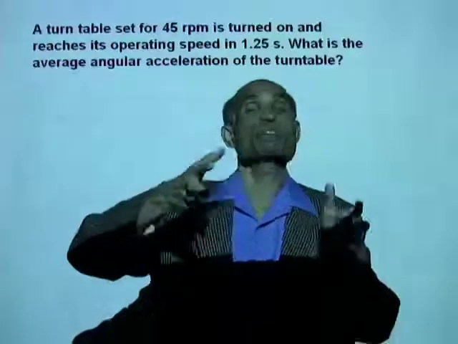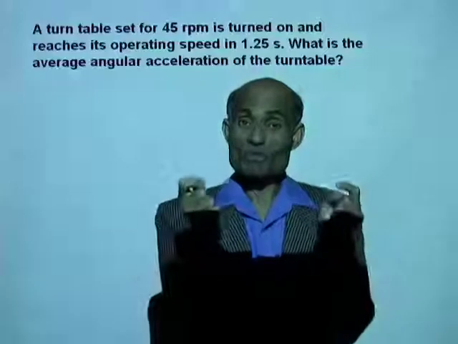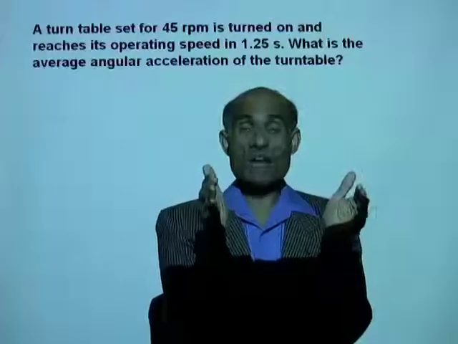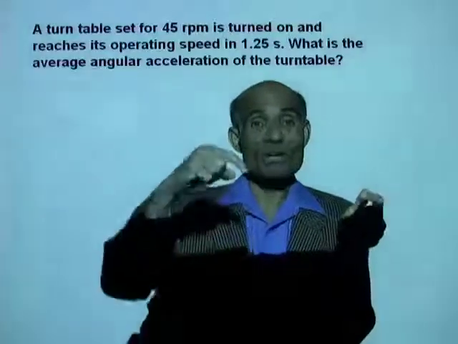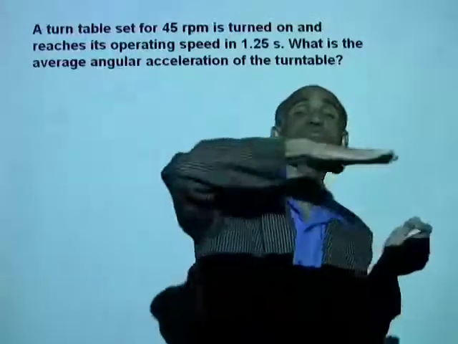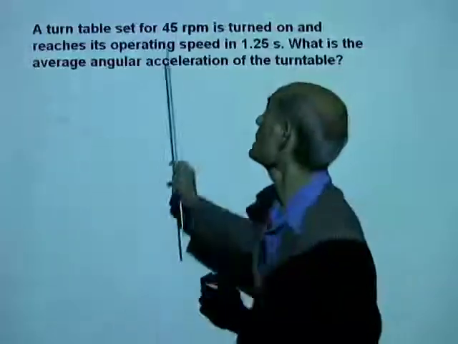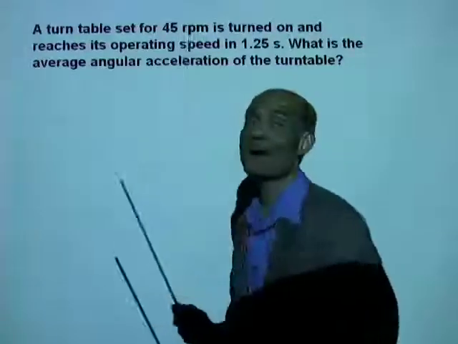A disc that rotates. The moment you turn it on, its initial angular velocity is 0. It picks up angular velocity and it reaches the operating speed. What is the operating speed? It is 45 RPM.